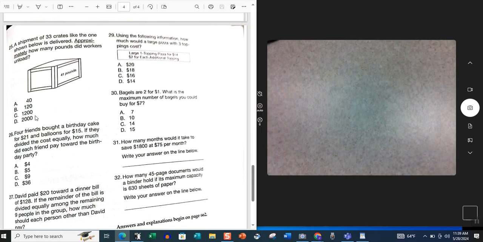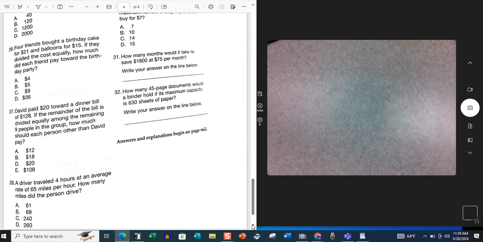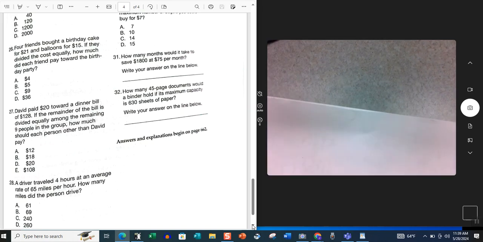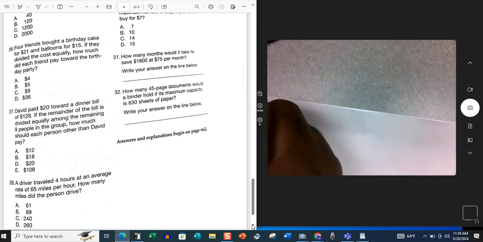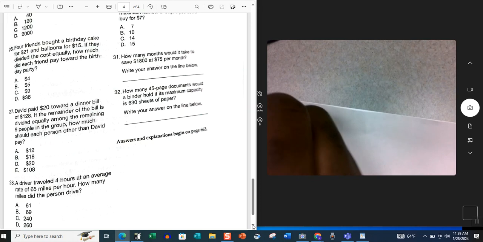Okay, now we move on to problem 26. Problem 26, it says 4 friends bought a birthday cake for $21 and balloons for $15. If they divided the cost equally, how much did each friend pay towards the birthday party? Okay, so for problem 26, we first need to add up the total cost.